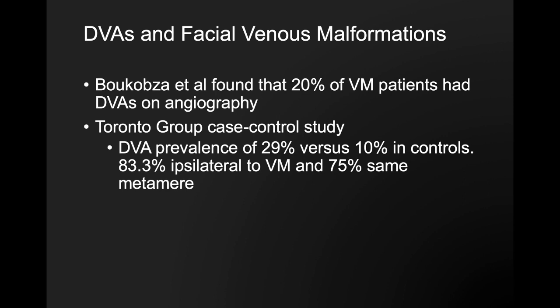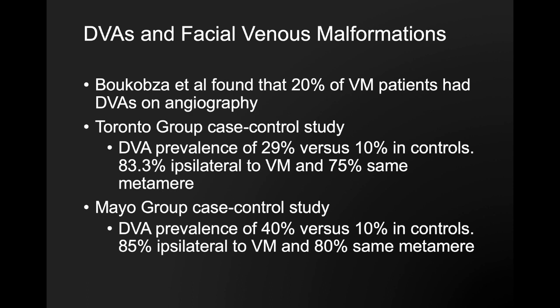In about 80% of cases, the DVA was ipsilateral to the venous malformation, and about 75% was in the same metamere. So definitely a strong association there. And then in the Mayo group, we've found similar results, basically a 40% case-control relationship between DVAs and venous malformations.